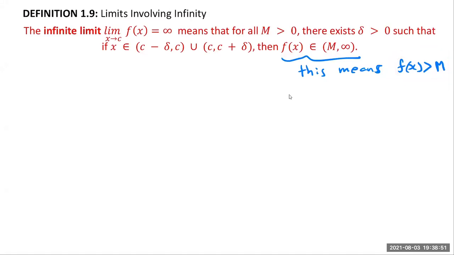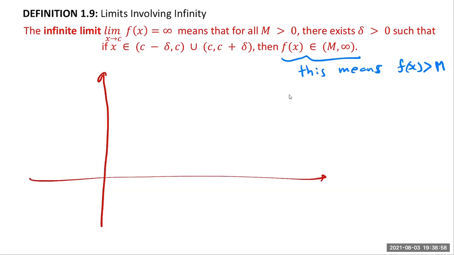All right. Let's try to see what this means geometrically. Suppose you have a function like this. This is the value c, where you have the vertical asymptote, and here is the graph of the function f of x.